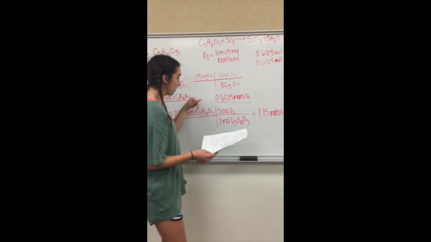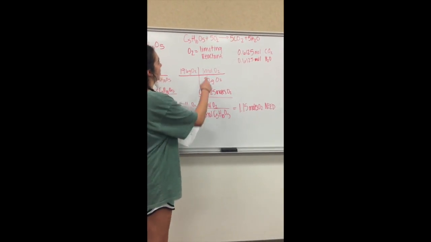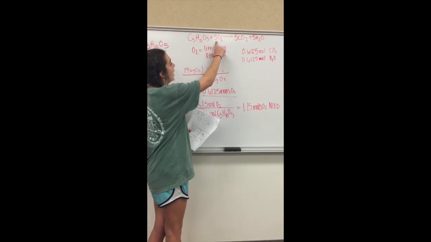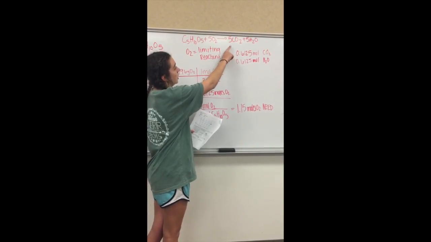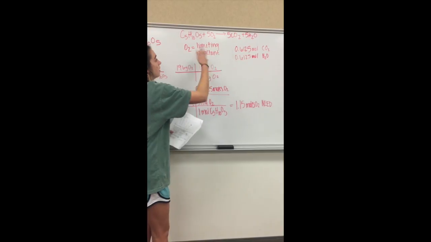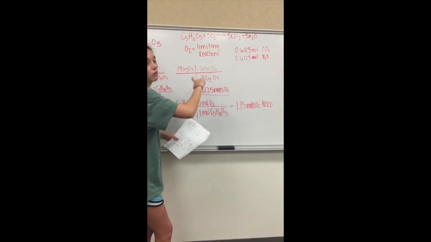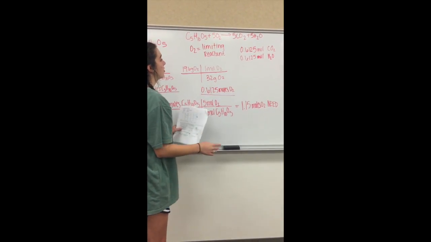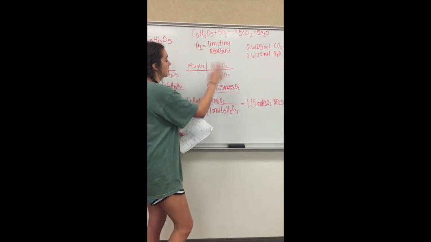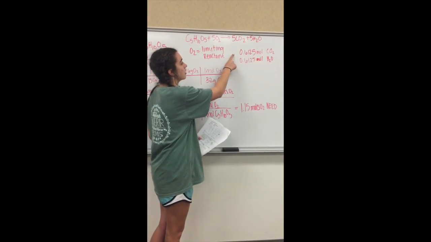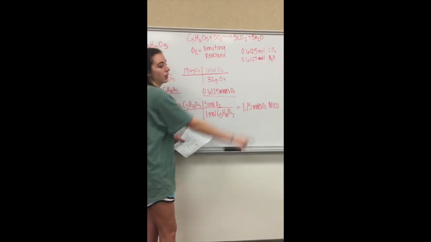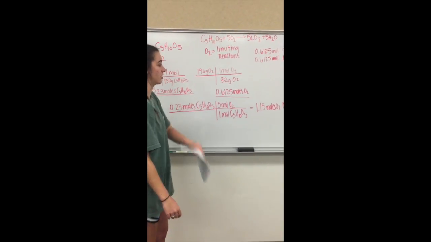And then from this, we can go back to our balanced equation, and for every 5 oxygens, we need 5 carbon dioxide and 5 water. So our ratio there is 5 to 5 to 5, or 1 to 1 to 1. And so we can just assume that we're going to generate the same amount of moles of carbon dioxide and water as we are given of oxygen.